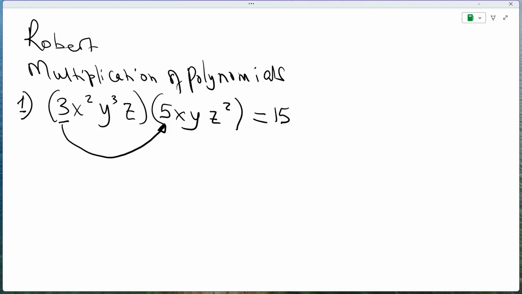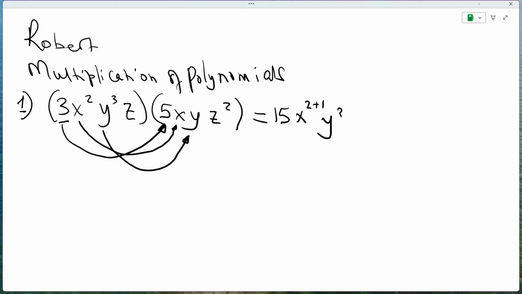Then we move on to x. x squared multiplied by x will give us x to the power 2 plus 1, because x here squared is to the power 2 and this x is to the power 1. And then next we'll look at y, which is y cubed multiplied by y to the power 1.